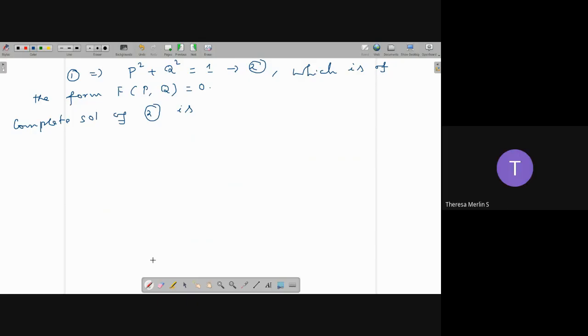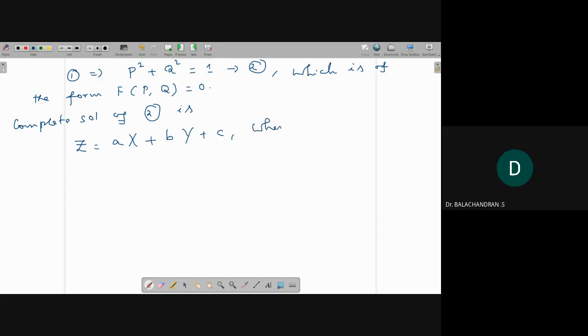But here we are introducing capital Z, capital X, capital Y. That is why you should write capital Z equal to a into capital X plus b into capital Y plus c, where a, b, c are arbitrary constants.